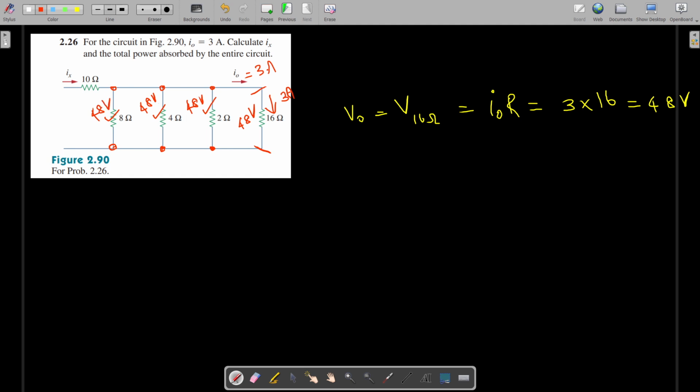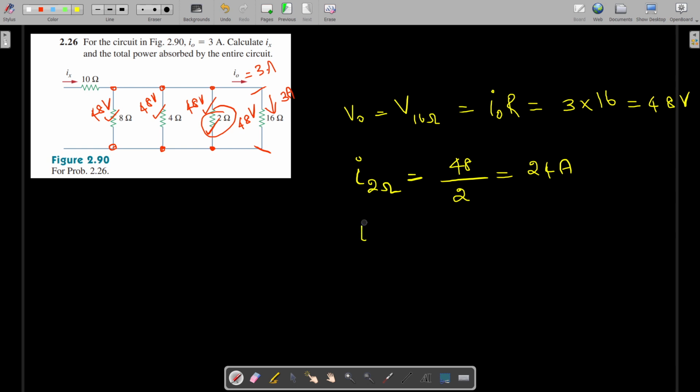So once you know this voltage, you can calculate the current easily, isn't it? So what's the current flowing through this 2 ohm resistance? Using Ohm's law, V by R, 48 divided by 2 is equal to 24 amps.